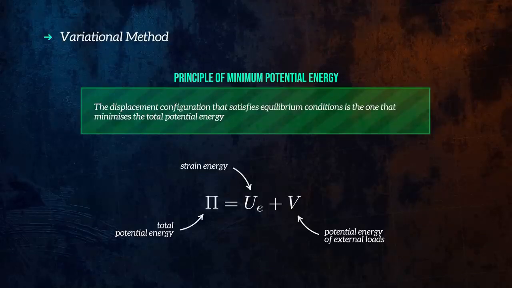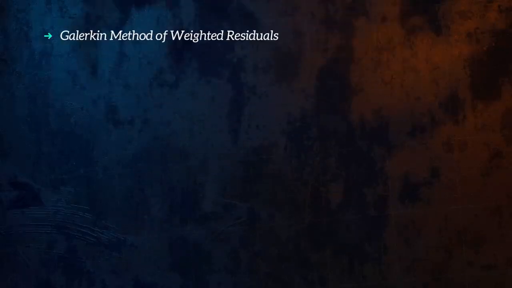The other weak form method is the Galerkin method of weighted residuals. In this method, the function that satisfies the differential equation is approximated as the sum of a number of assumed trial functions that each have unknown coefficients.